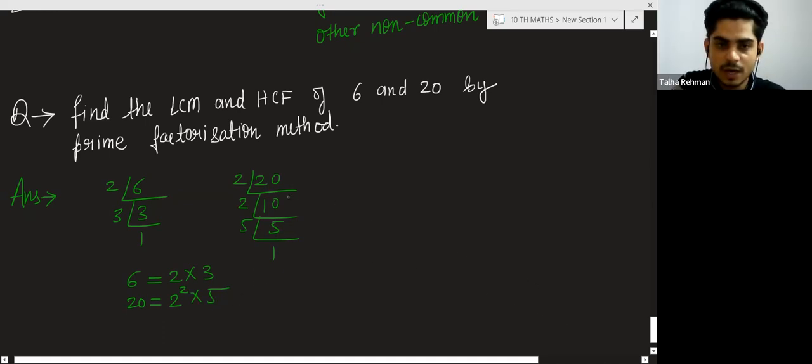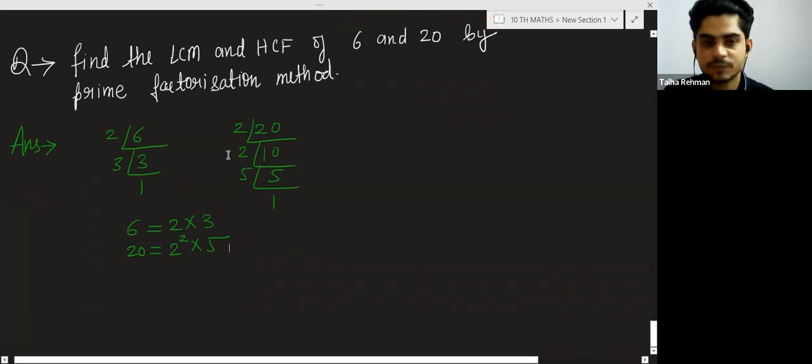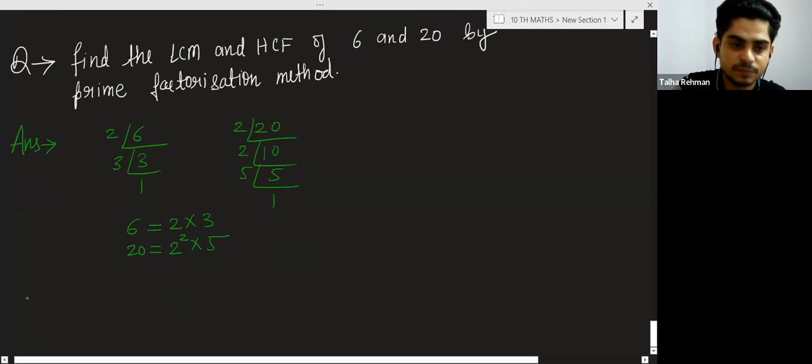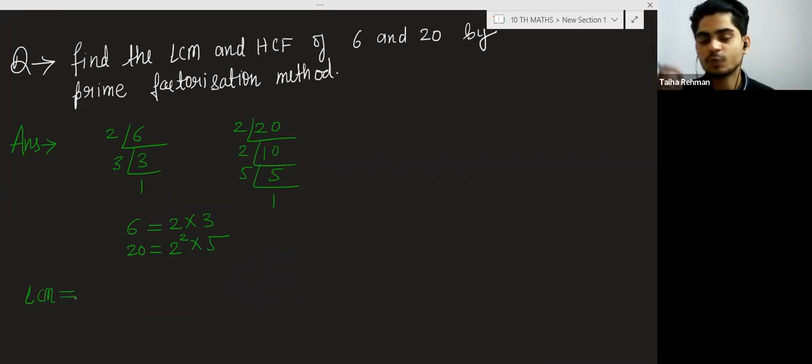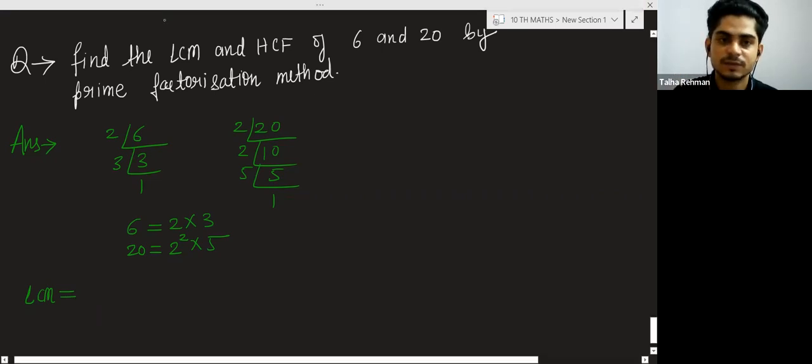Now I have to find the LCM. So LCM is the product of the highest power of common factors and other factors. See here. What is the highest power? 2.